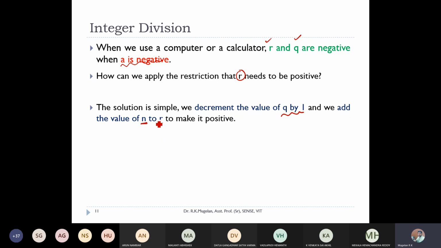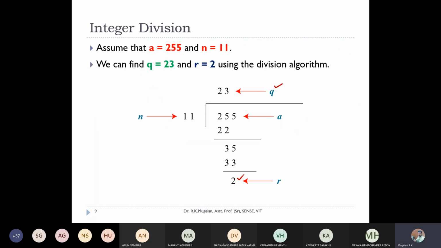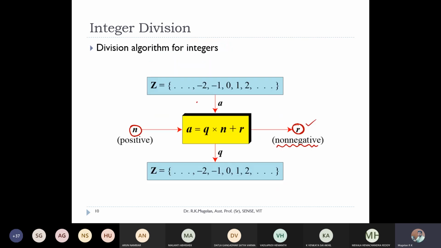This is what we did during conversion of a negative value into a positive value in modular operations. Since in modular operations the output is based on the remainder alone, we concentrate on this rule. We'll see the same example. Here you've taken a to be 255 and n to be 11. You got your quotient to be 23 and remainder to be 2, right?